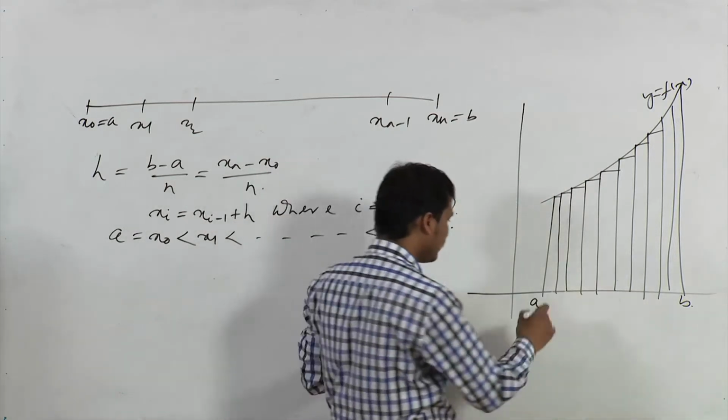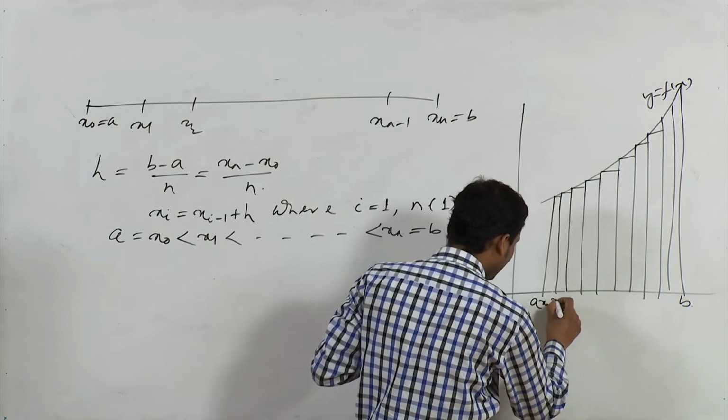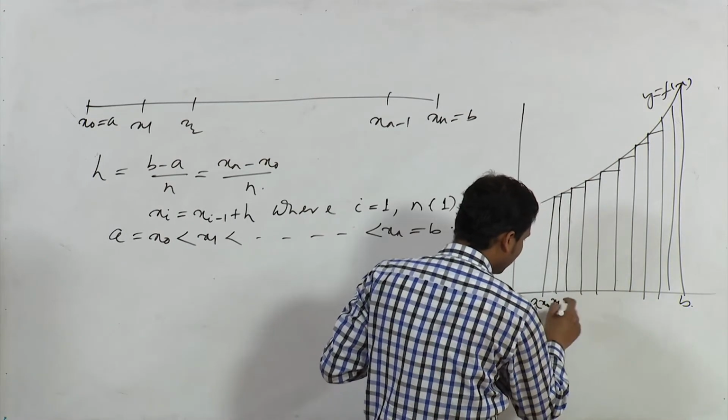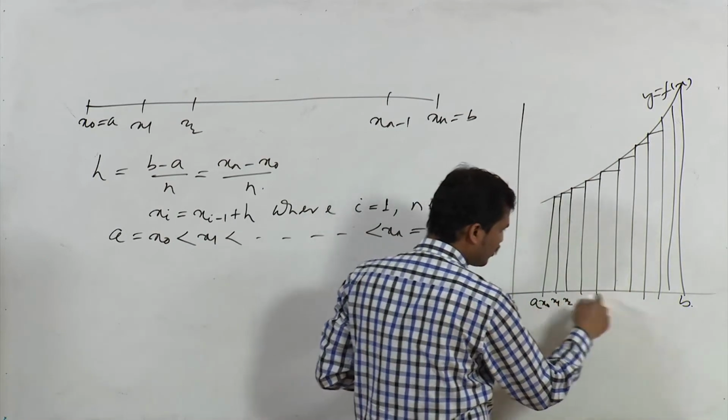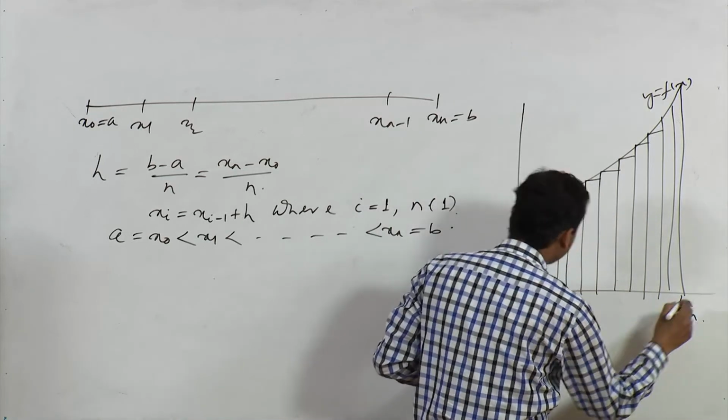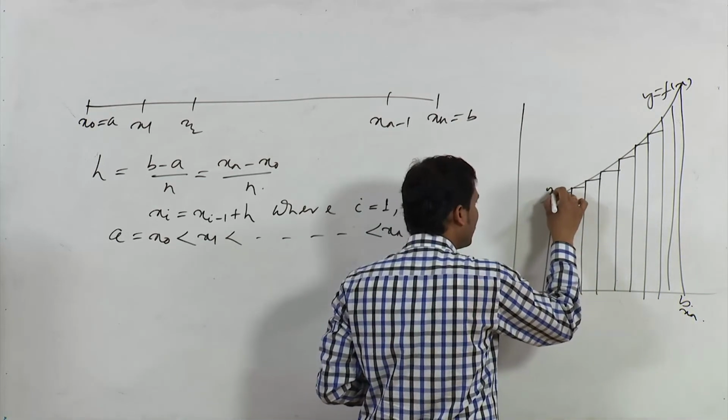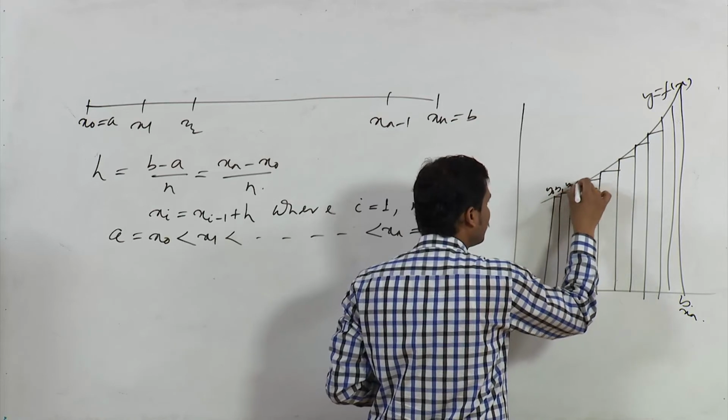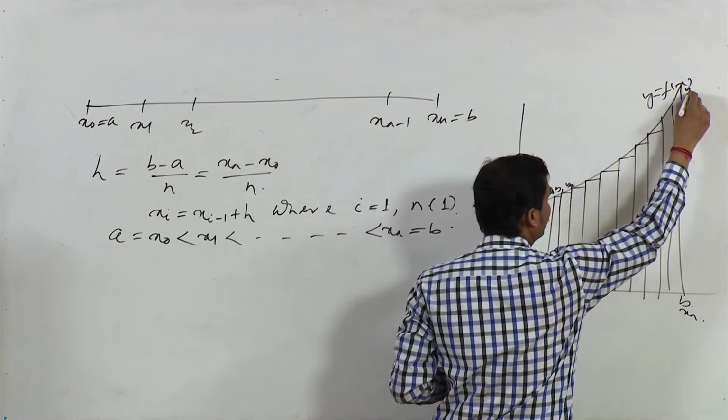If you consider the starting point as x0, the next point is x1 and the next point is x2, likewise the last point is xn, and the corresponding y values are y0, y1, y2, likewise the last point will be yn.